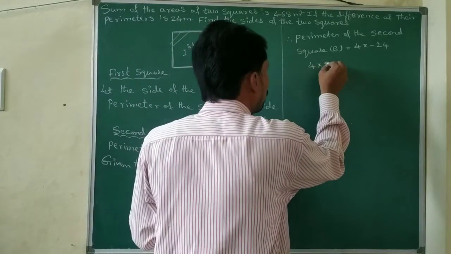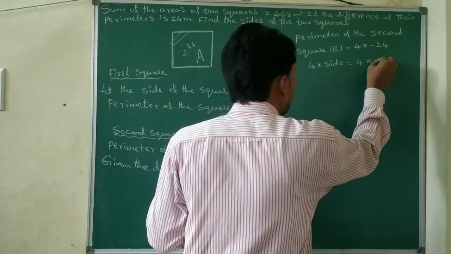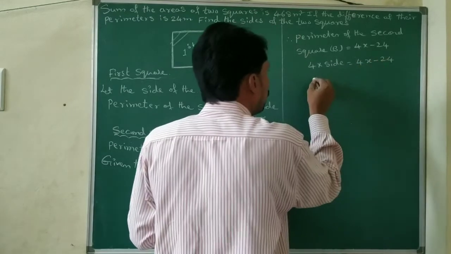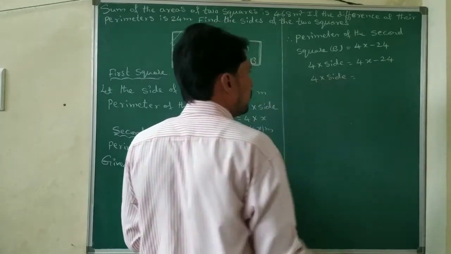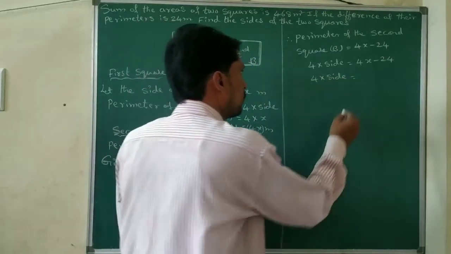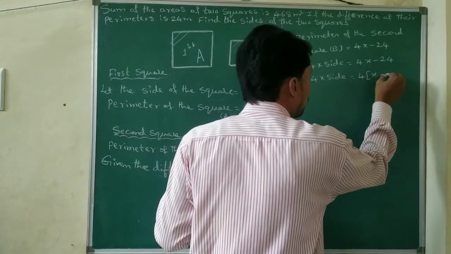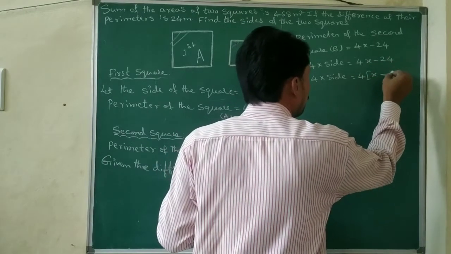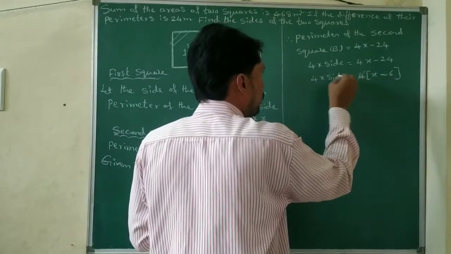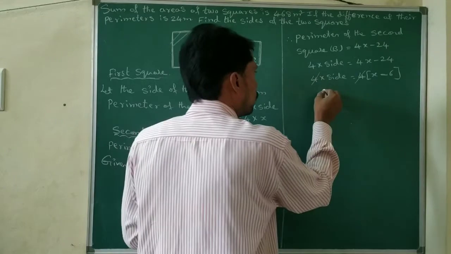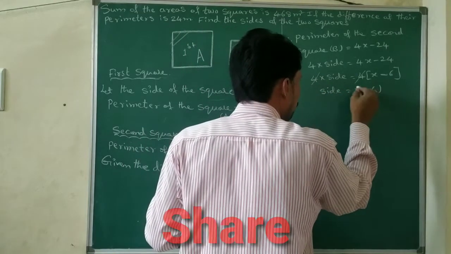So 4 into side equals 4x minus 24. On the right side, take 4 as common. I took 4 common, so x remained, minus 4 sixes are 24, means x minus 6. Both sides 4 and 4 get cancelled. So side equals x minus 6.